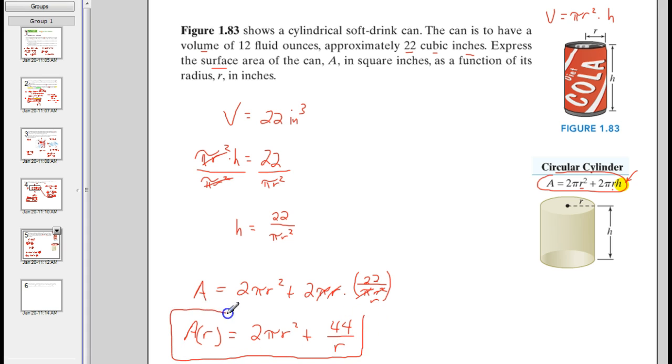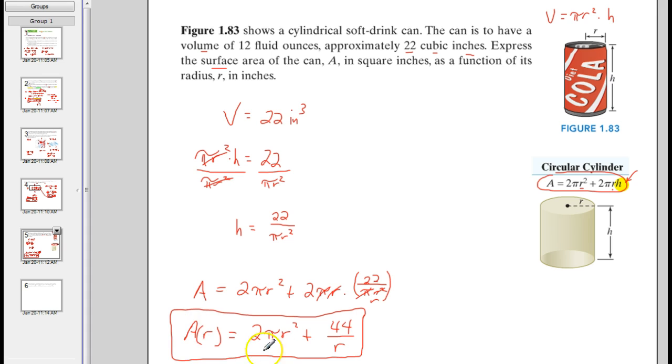How do I get area in terms of just r? And once again, if you're thinking, where do I go next with this? The company that makes this soda can, or makes this soda, they have to pay for the amount of material they use to make this can, which is its surface area.